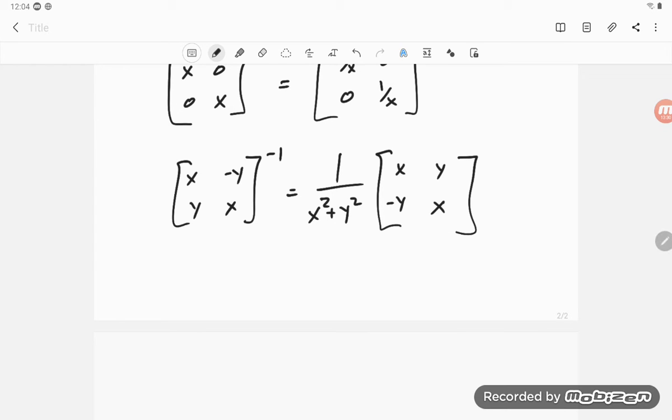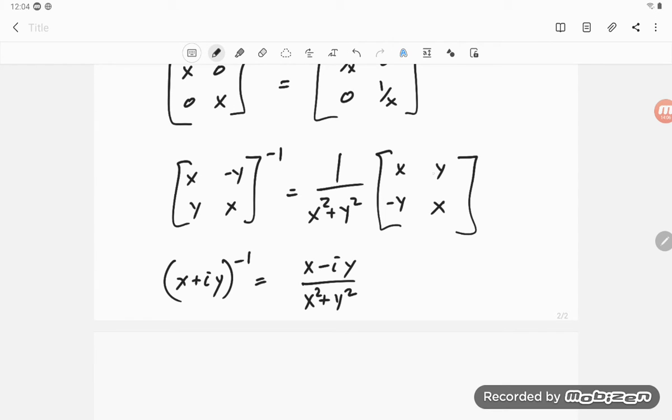And so, as you look at something like that, it says that the multiplicative inverse, so if I write it as x plus iy, and I say, well, I want the multiplicative inverse of that, we would write that as, I'll write the x squared plus y squared first on the bottom, and then it would be x minus iy.